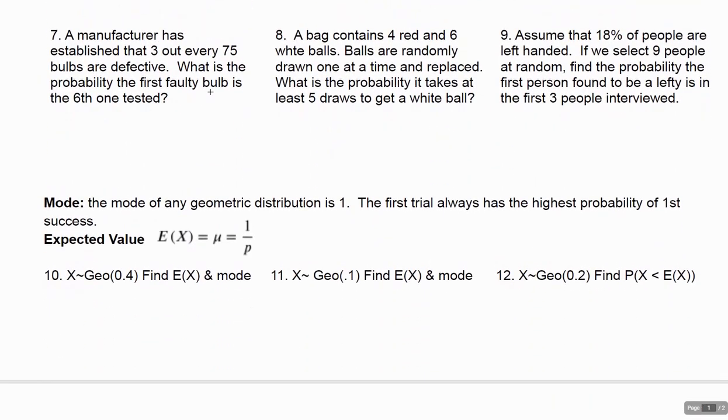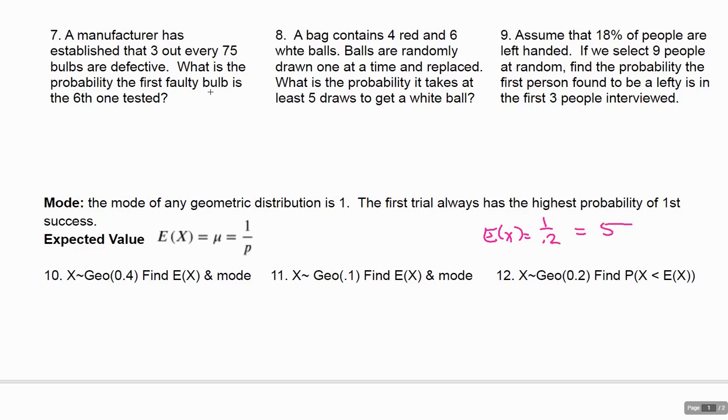All right, so how do you find the expected value? It's just 1 over the probability. So what's 1 over 0.2? Just 5.